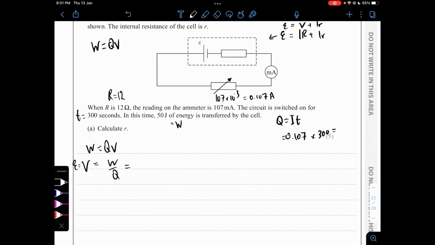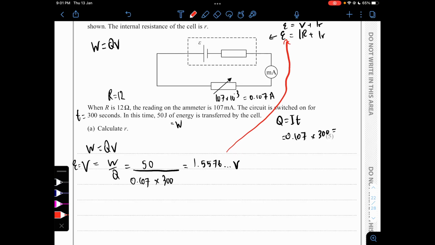We don't need to know it, we can just sub it in. So what about our W? W is 50 joules over 0.107 times 300. So 50 over 0.107 times 300 gives us 1.5576, well, since it's a big decimal. Okay, so this goes to here.